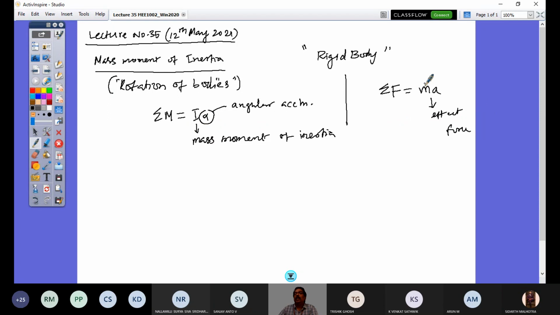You see here, the role of mass is the resistance for translation. If I bring this ma to the other side and call it D'Alembert's force, mass is what is important, and mass times acceleration is the effect force for the moving bodies.